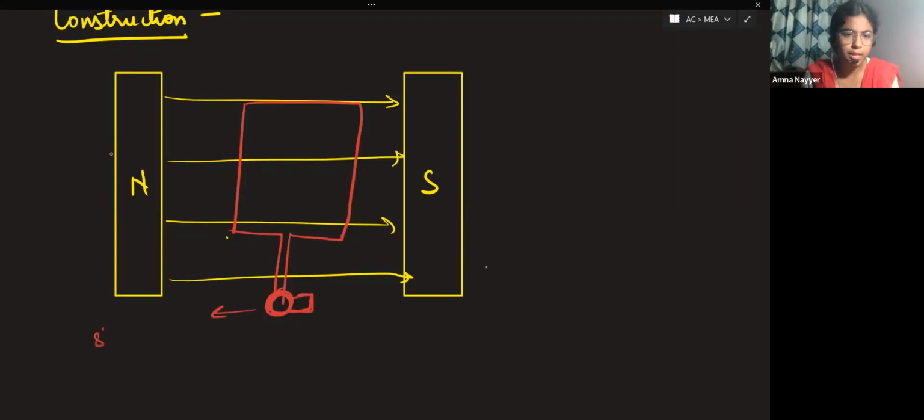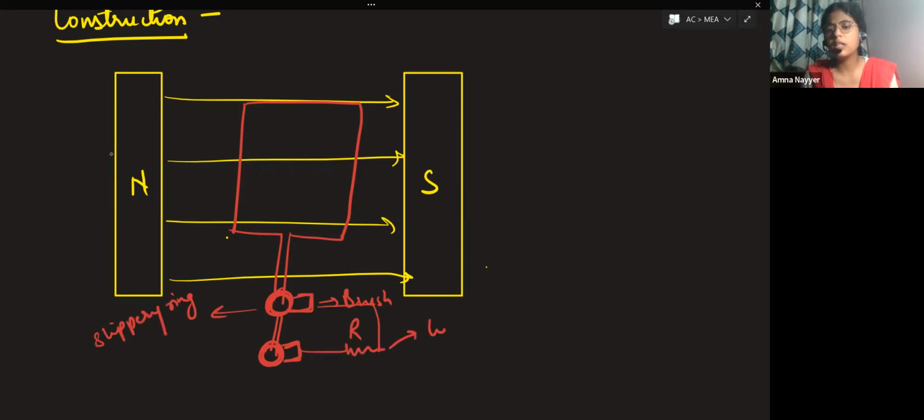This is the slip ring, this is the brush. A resistance is connected, which we call the load. No need to go into the details of this. Just say two magnets are there and the normal armature is here.